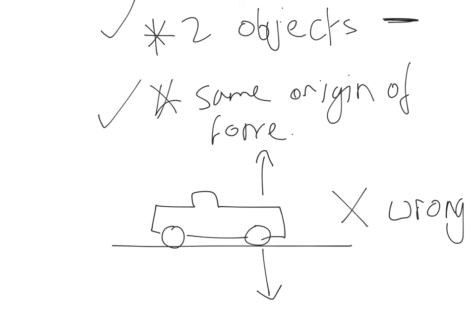Same origin of force? Well, this force here is the weight, that's gravitational. And then we've got a contact force there, which is electromagnetic. And so as a result, this cannot be an interaction pair.